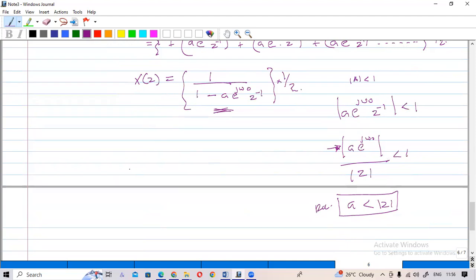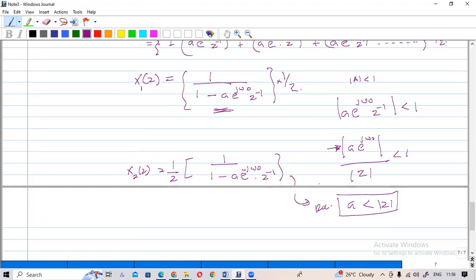That will be, in the same manner, half times 1 over 1 minus a e to the power minus j omega naught z to the power minus 1. And the ROC will be the same, because the magnitude of e to the power minus j omega naught is also 1, so the magnitude is a. The same ROC is there.